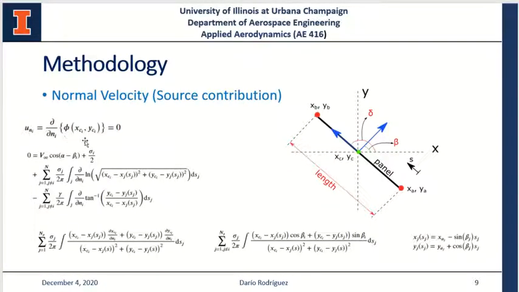Once we derive this, we end up with this expression, which is only the source contribution to the normal velocity. As you can see, this integral is kind of tricky, but it can be solved, and we end up with this expression right here.